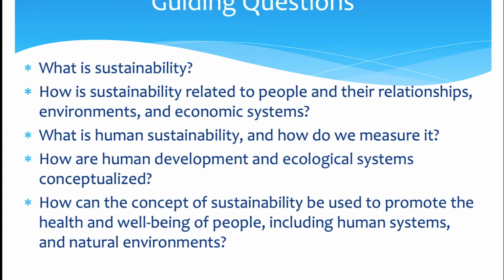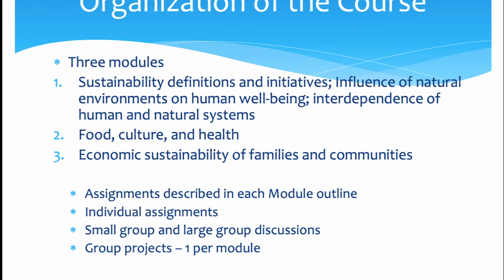So we'll explore what human sustainability is, how we measure it, what some indicators of sustainability are, and how human development and ecological systems are conceptualized, how they interact with each other, and then how we can use the concept of sustainability to promote the health and well-being of both people, including human systems and natural environments.